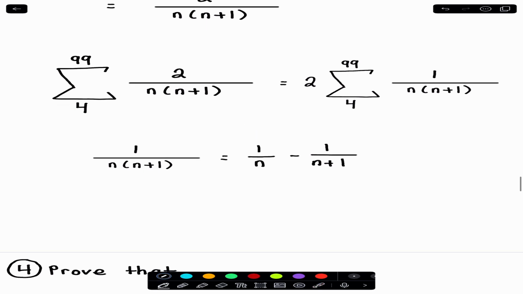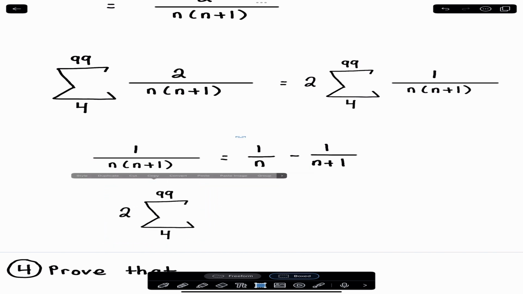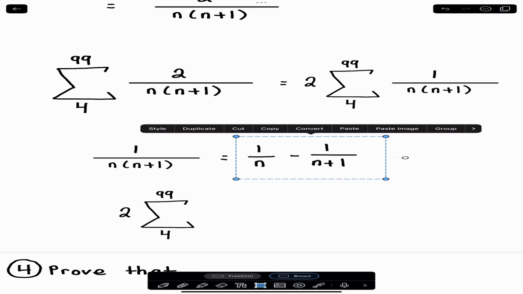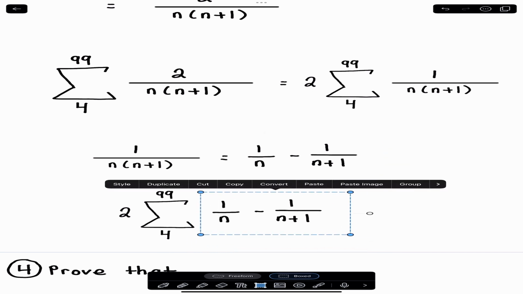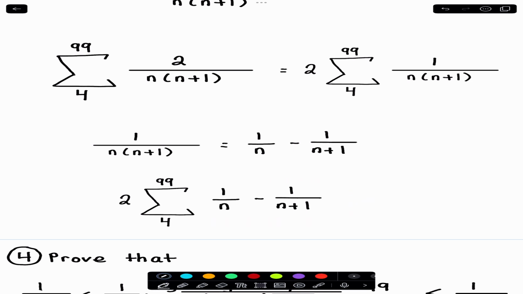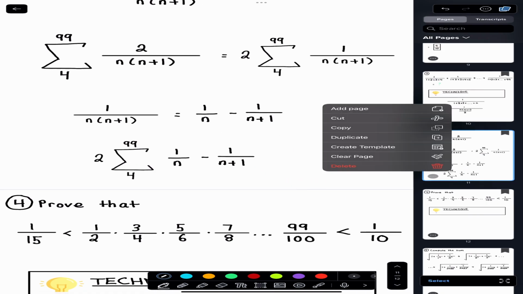So that certainly helps, because now this thing is the same as this. So we're going to replace it with this, just like so. Again, going to need another page.